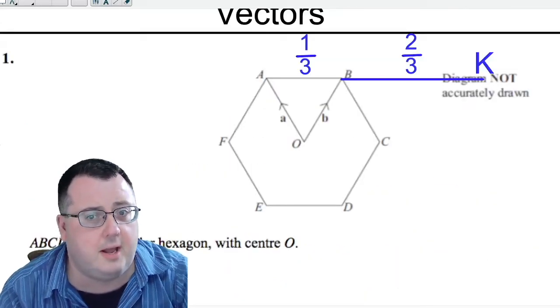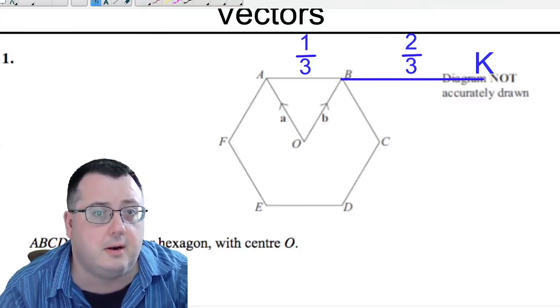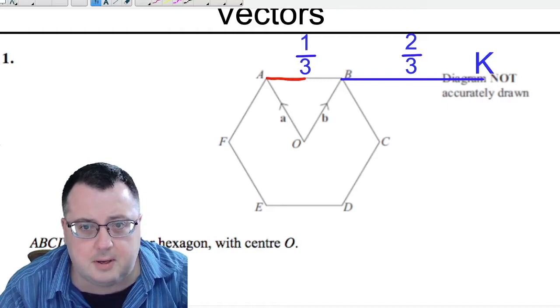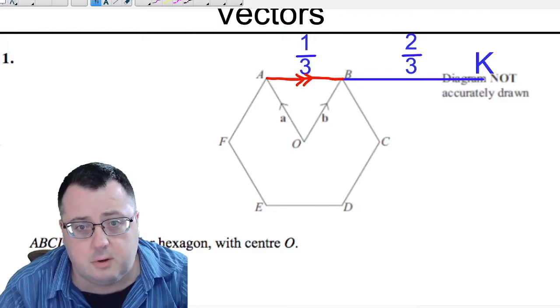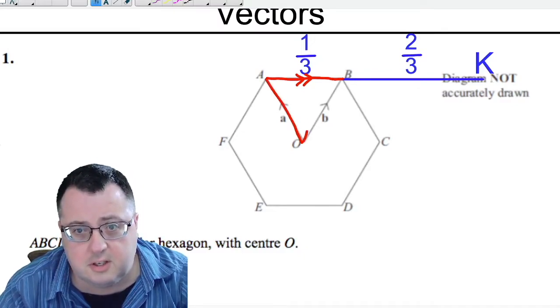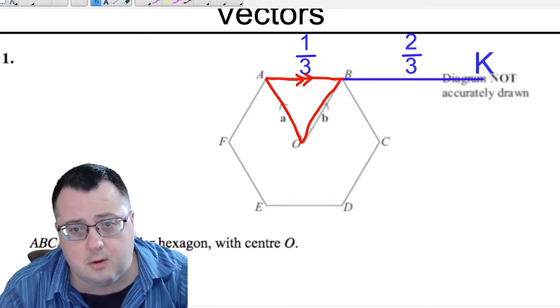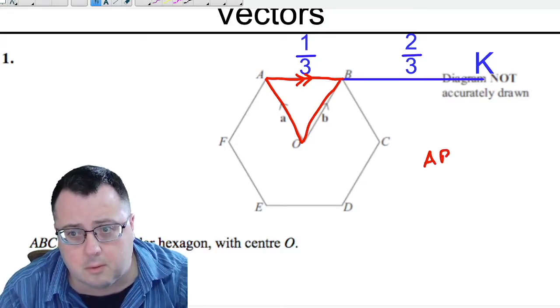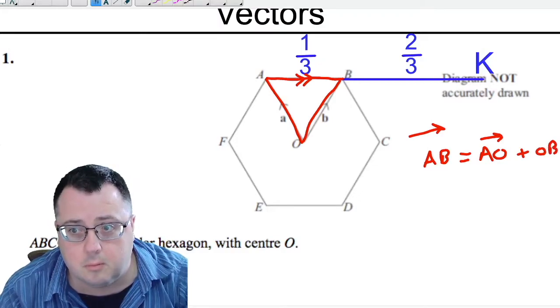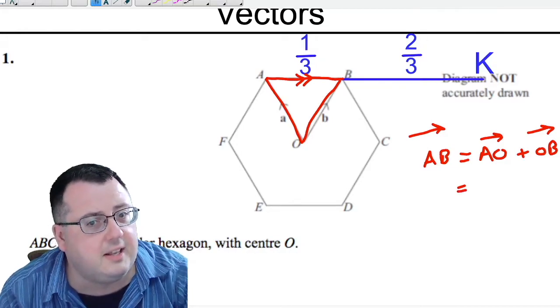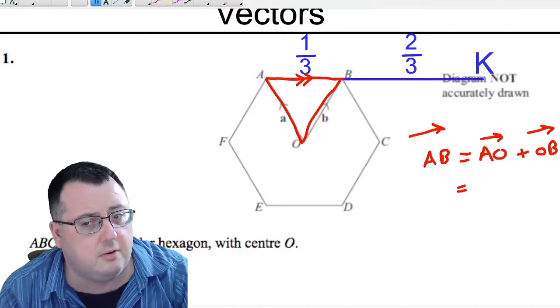So if I use my red pen, I need to get from A to B. That's this line here. So the route I'm going to take is this route here. A to B equals A to O plus O to B. Can you see that A to O is going against the A that they've given?